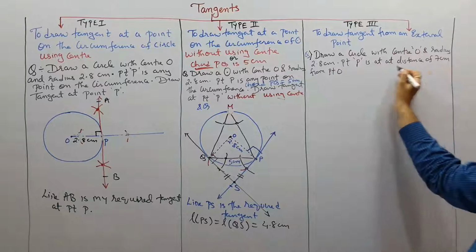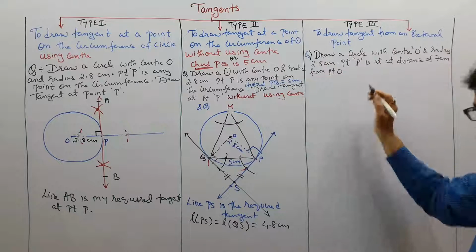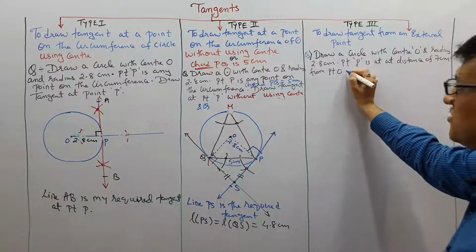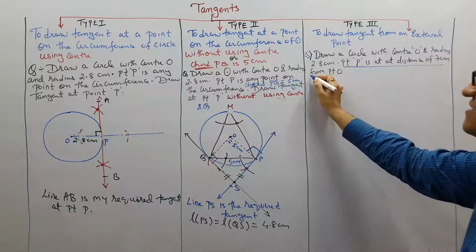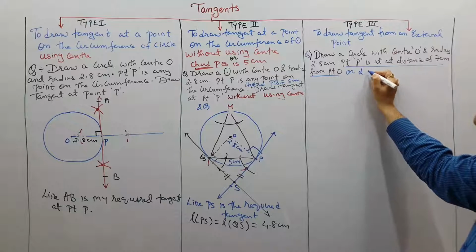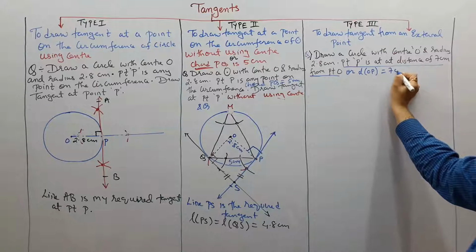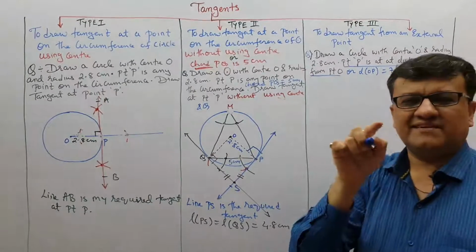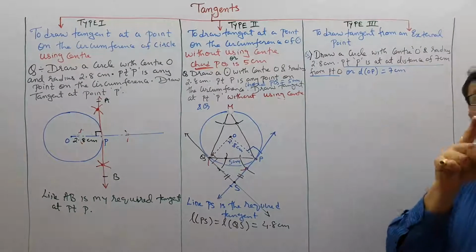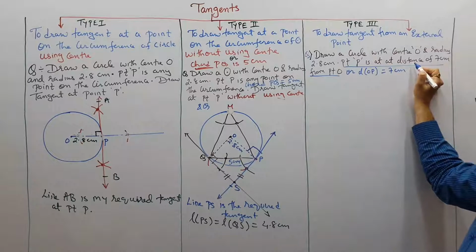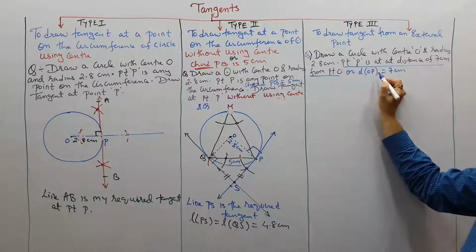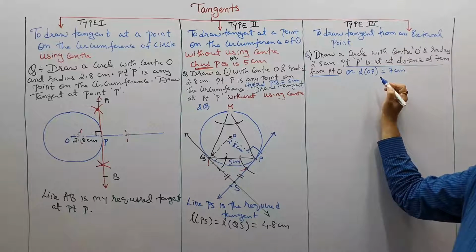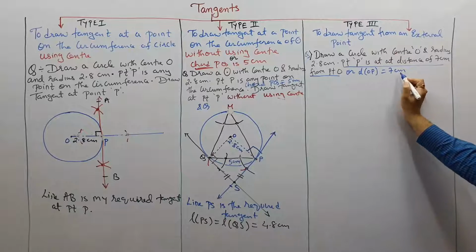Either they will write down this much as a statement, or instead of this entire line, they may use distance OP is 7 centimeter, meaning is the same. At times they will give in wordings, at times they will give in this way. But the moment you see the word distance, just tell yourself this is type 3. Distance OP is 7 centimeter.